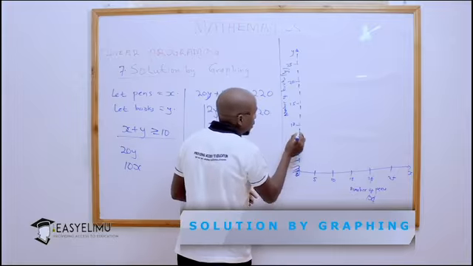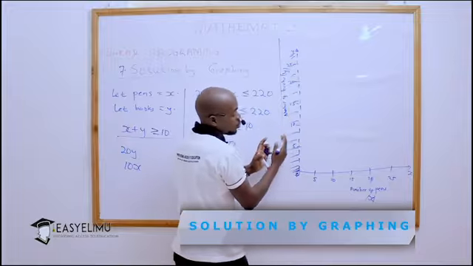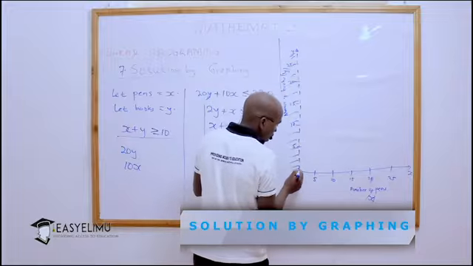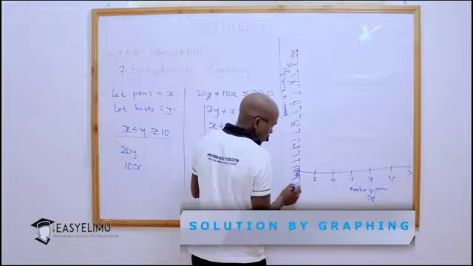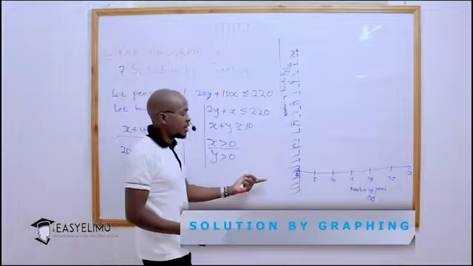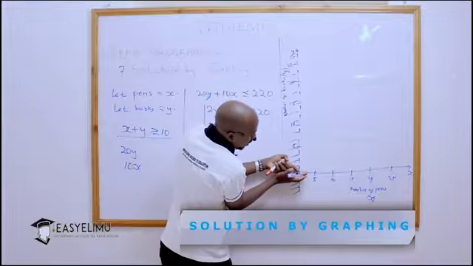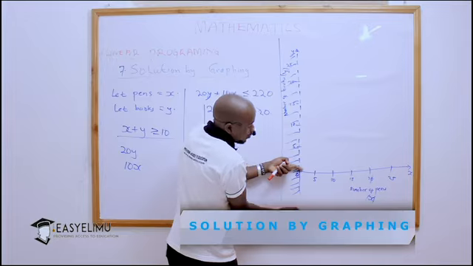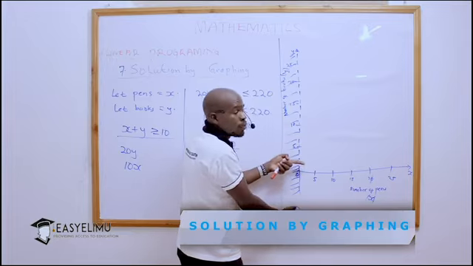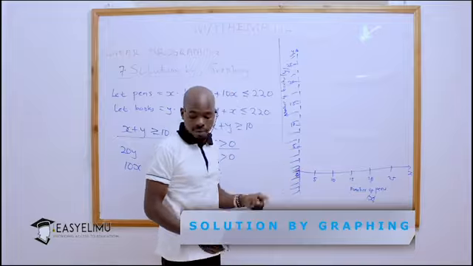We shall shade the other part because we only need the positive parts beyond x greater than 0. The same applies to y greater than 0, meaning we don't require the negative values of y. We consider only values which are positive.